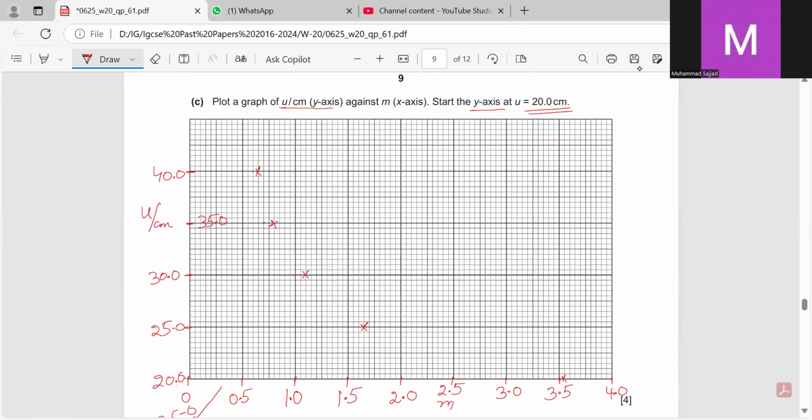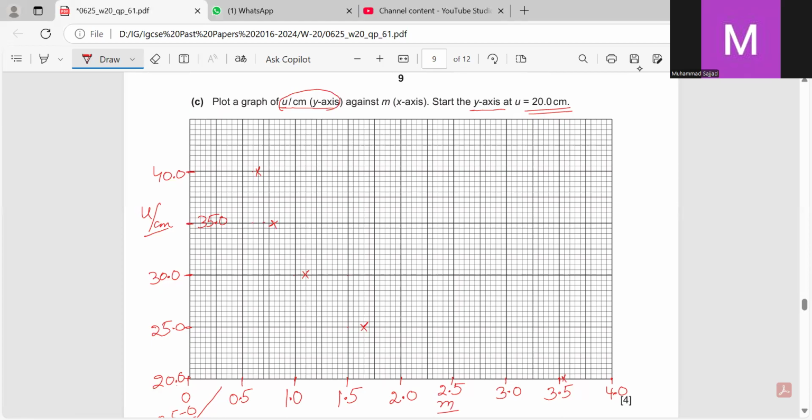How the 3 marks? The first mark is awarded to the student when he is labeling the axis correctly, like the value of u in centimeter should be on the y-axis. That is done. Then the second is m, magnification, on the x-axis. That is also done. The second mark is awarded when he is choosing the scale in such a way that more than half of the grid is covered with data on the y-axis and also on the x-axis.